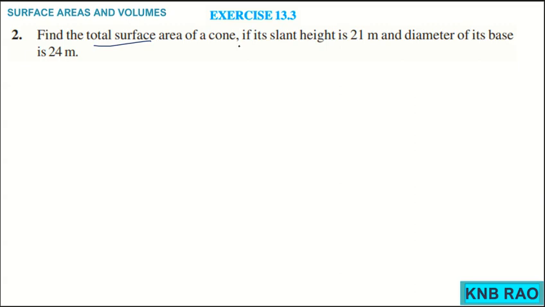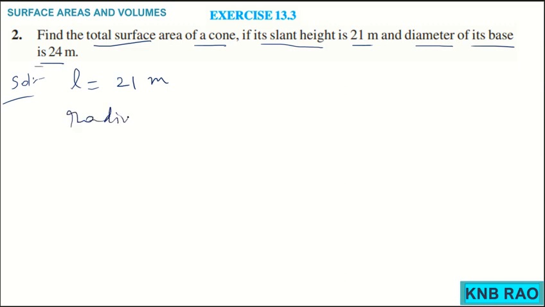Find the total surface area of a cone if its slant height is 21 meter and the diameter of its base is 24 meter. Same way, first the slant height l is given as 21 meter, and the diameter of the base is given as 24, thus the radius of the base is half of 24, that is 12 meter.